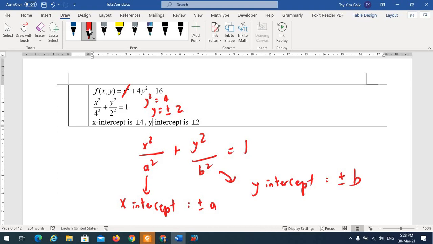Or you may let x = 0 to get the y-intercept, and y = 0 to get the x-intercept.